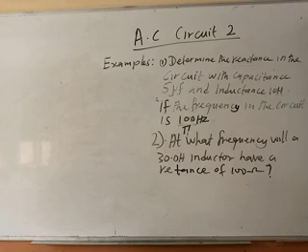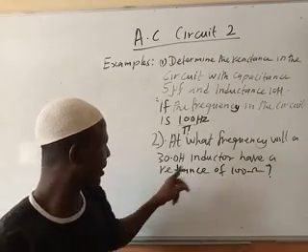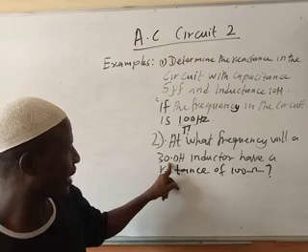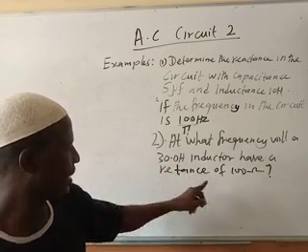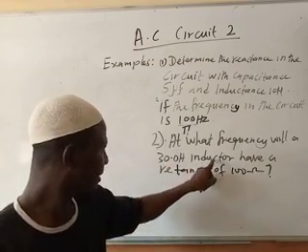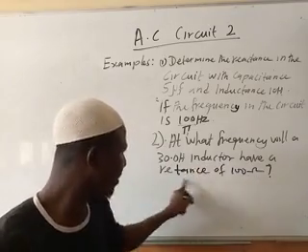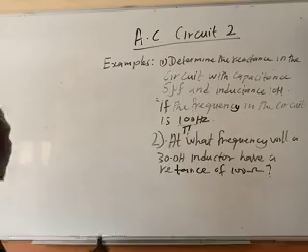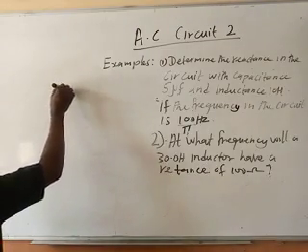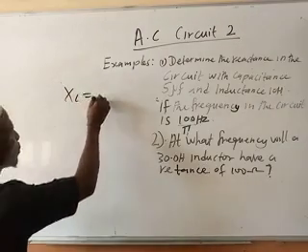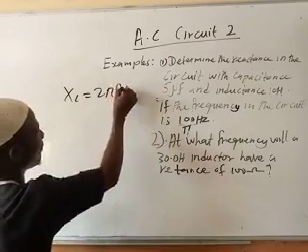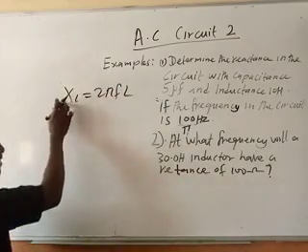So in that case, we write down the formula for what? Since this one is what? Inductance. Then they gave us what? This value is inductive reactance. That is 100. Now see, inductive reactance, that is XL is equal to 2 pi FL. So inductive reactance is given.